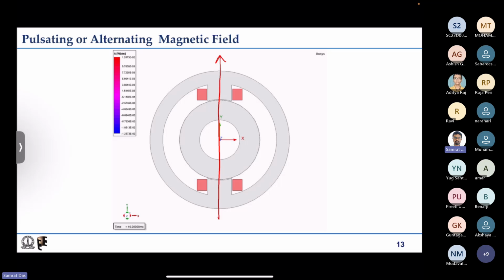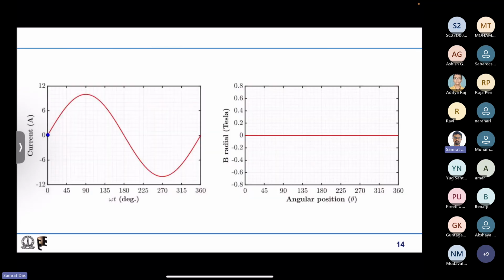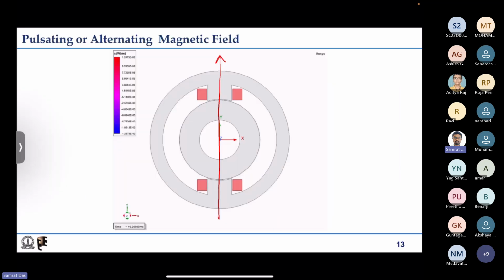Now we will see what happens to the flux density distribution along the angular position. This is the same red circle that we saw earlier. If we draw a red circle at the air gap, this is our theta equal to 0 degrees. This theta is the spatial angle; it has nothing to do with time. So this is 0 degrees at this point, 90 degrees here.